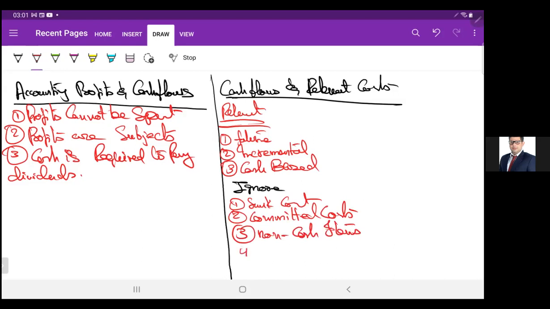Number four, allocated costs. These are the costs which have already been incurred, already been allocated to something.